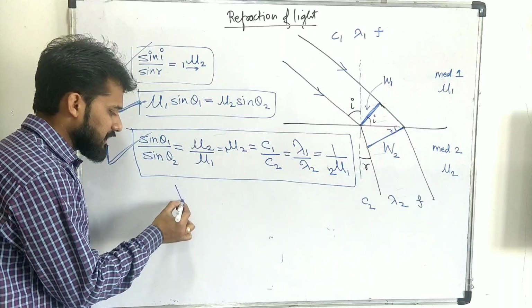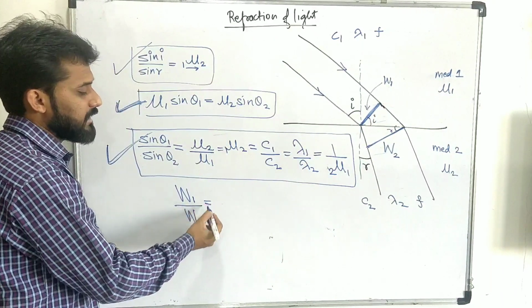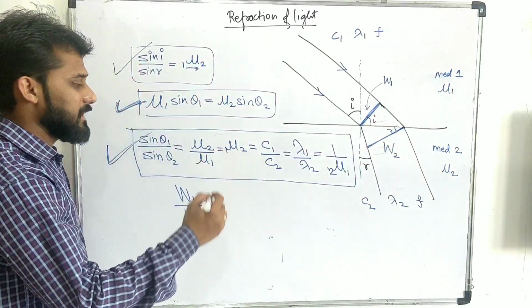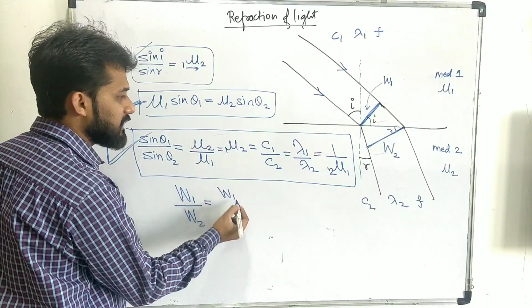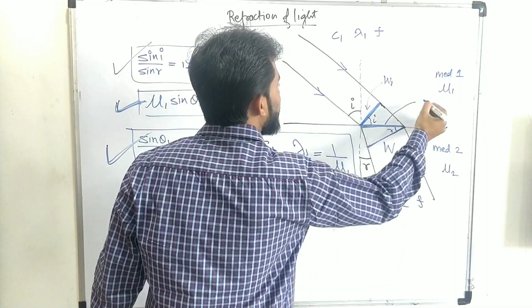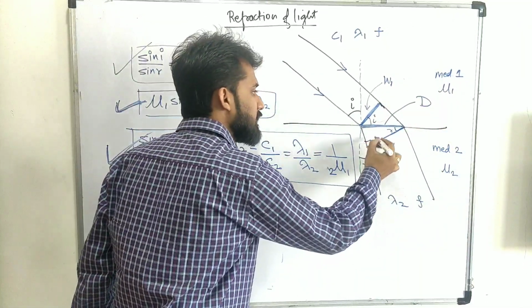If the question is what is width का ratio in medium 1 to medium 2, how you can derive it? Width in medium 1 upon width in medium 2 can be derived in this way. I will just divide width by this common length. Let us call this common length as d. ये common length जो दोनों triangles में common है, this is 90 degree, this is 90 degree.